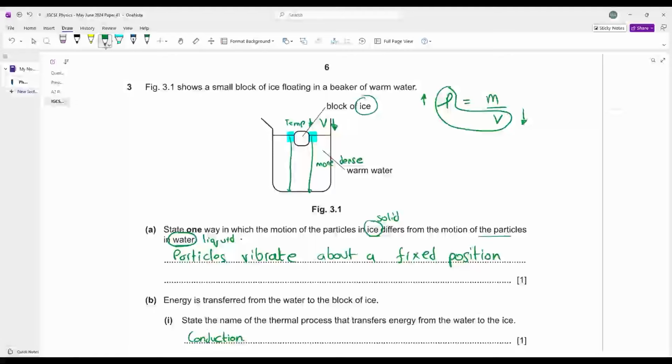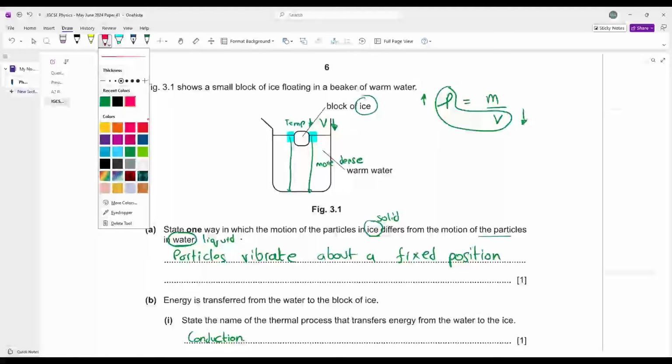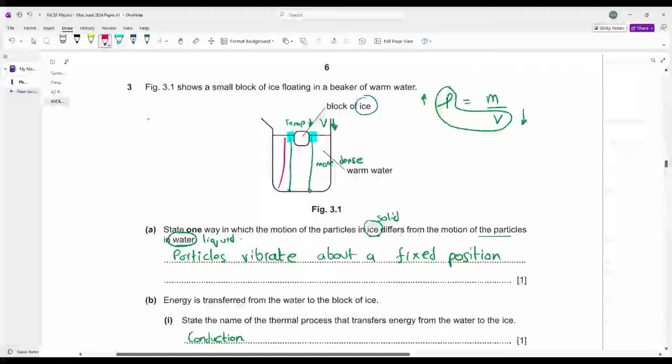What will happen further? Beta, hot, less dense water from the bottom will rise up. Simple as that. Hot, less dense water from the bottom rises up. Cooler, denser water sinks to the ground.